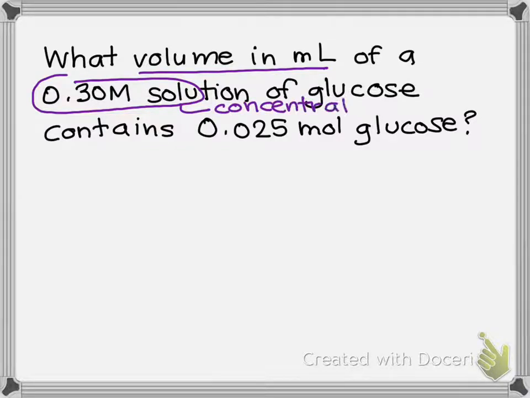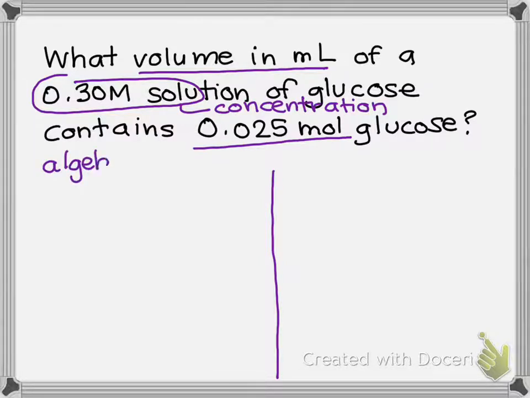Before I was asked to find the concentration. And it says, what volume contains 0.25 moles of glucose? Now there are 2 ways to find the answer to this problem, and I'll show you both. You do not need to use both ways. You need to practice enough that you know which way is the best way for you.